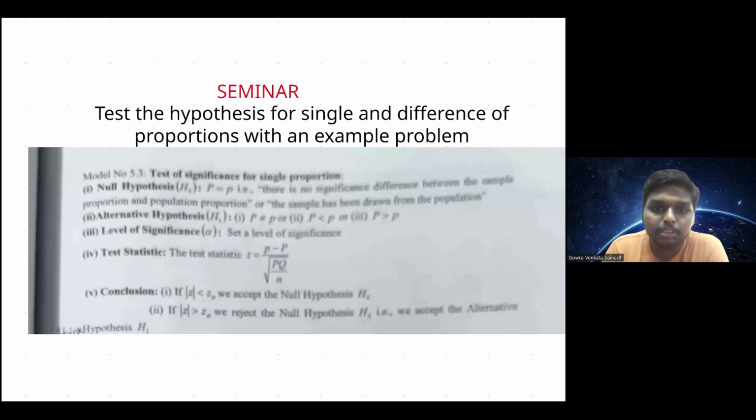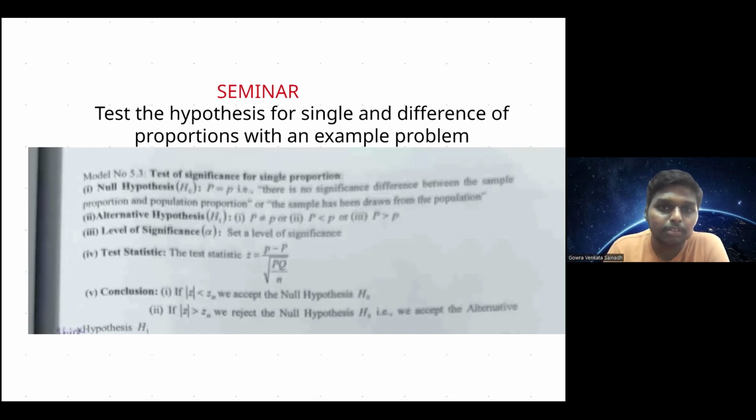There is no significant difference between the sample proportion and population proportion, or the sample has been drawn from the population. So it is given as P equal to P0, that is the null hypothesis.